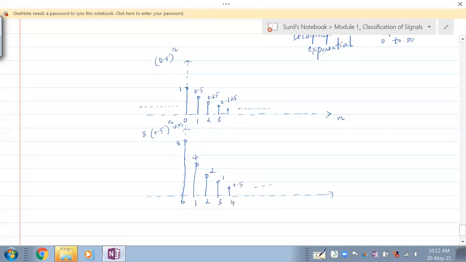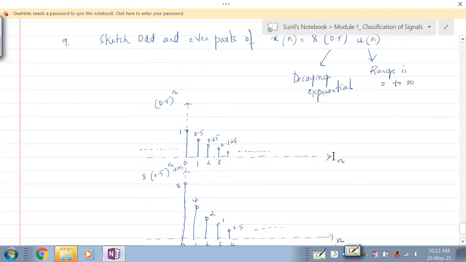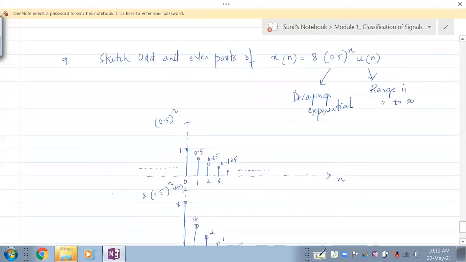So this is how things go. So this is the signal. This is your x of n.